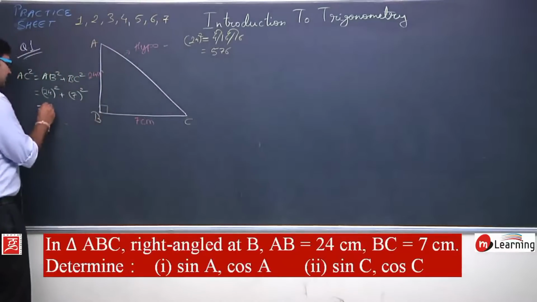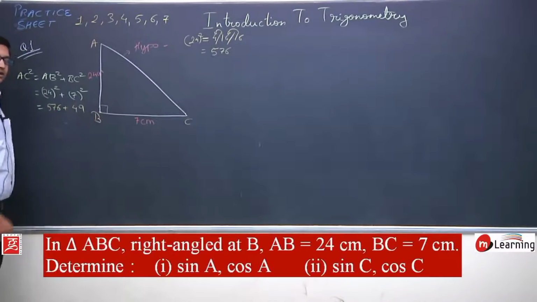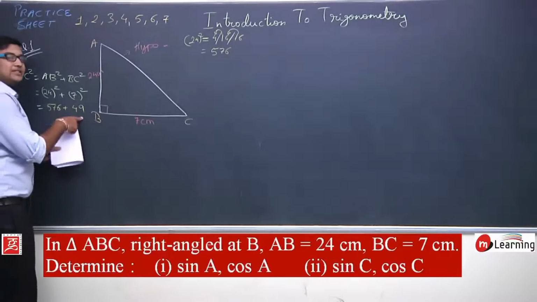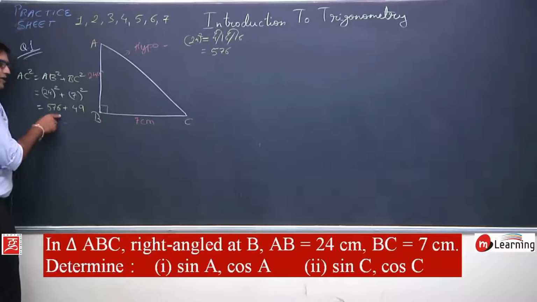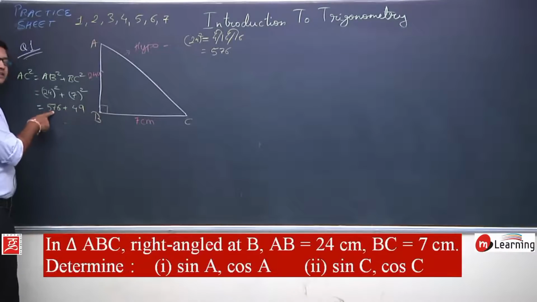So here we write 576 plus 7 square, which is 49. So just add this 576 and 49. How will you add this? First add 40 from this 49 to 576.